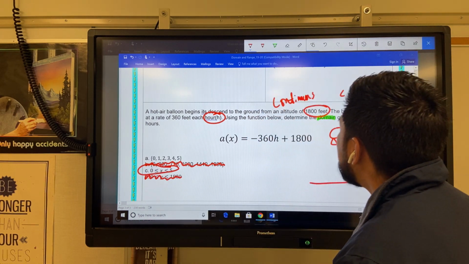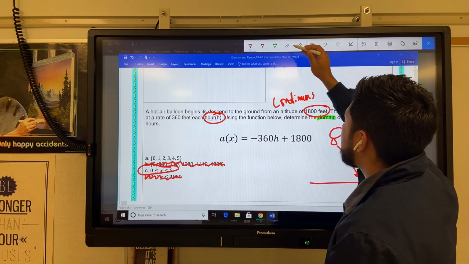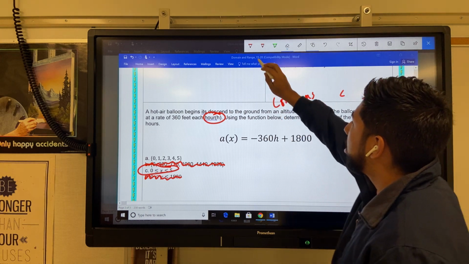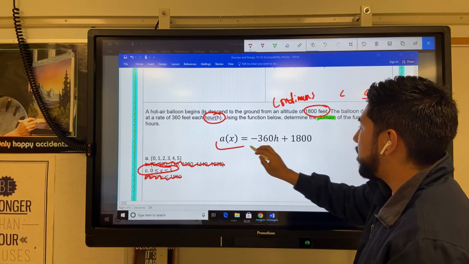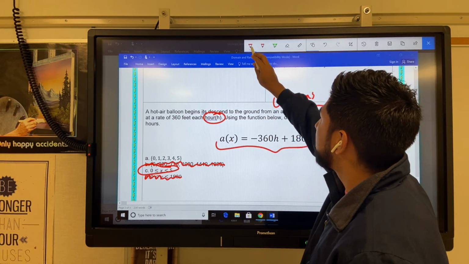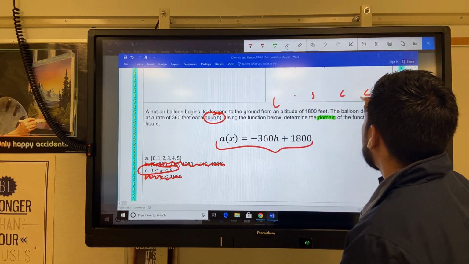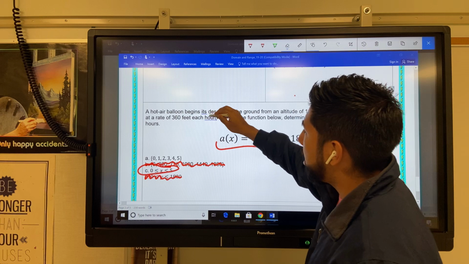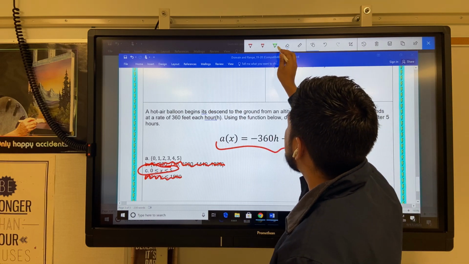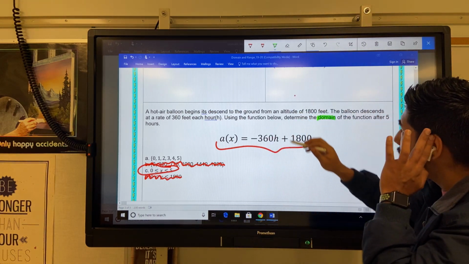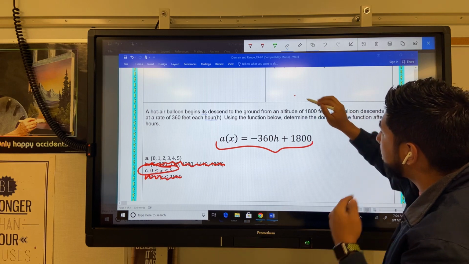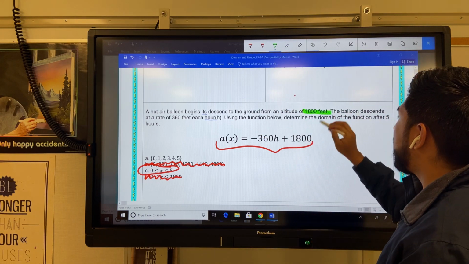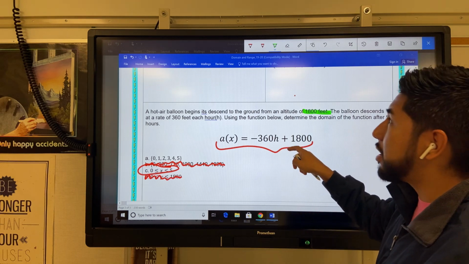Not too difficult. Now, the difficult part that I want to talk about real quick before I end this video is making this equation. Now, when we make an equation, we need to make sure we circle or highlight whatever we need to do with the numbers that are needed, which is, it starts at 1800 feet, which is where we get that plus 1800.